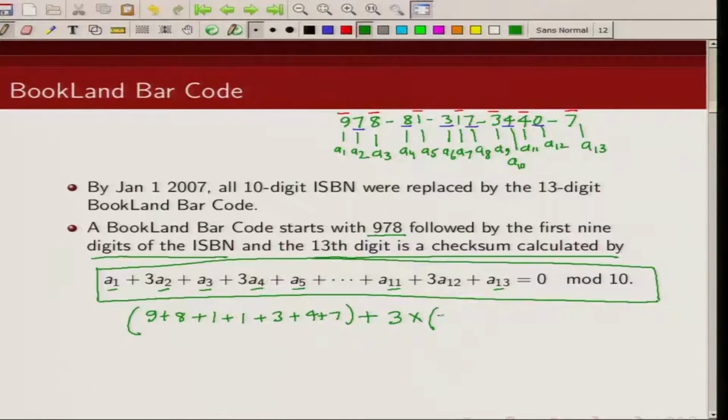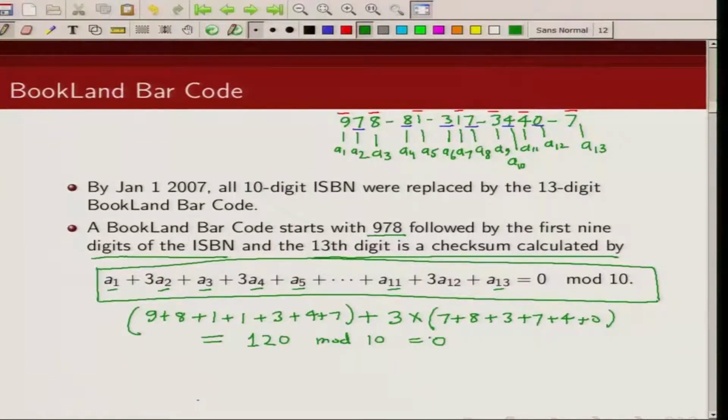So, this is 7 plus 8 plus 3 plus 7 plus 4 plus 0. And this comes out to be 120, mod 10, which is 0.